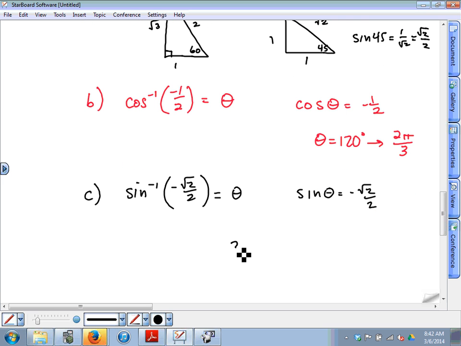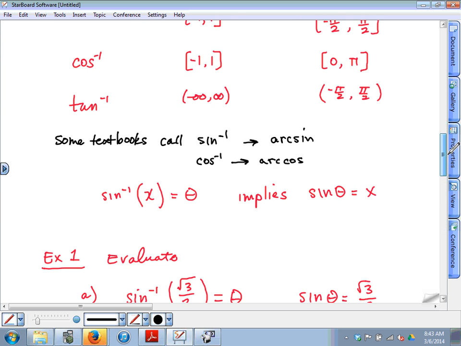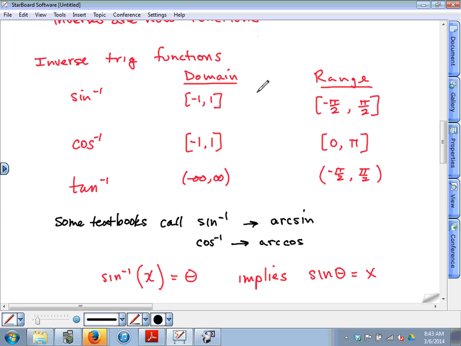Here's the problem with that. If we were to say that theta equals 315, the radian measure for that is 7 pi fourths. Does anybody see a problem with that? It's out of the range of inverse sine. If you take a look at this, the range of inverse sine is from negative pi halves to pi halves.